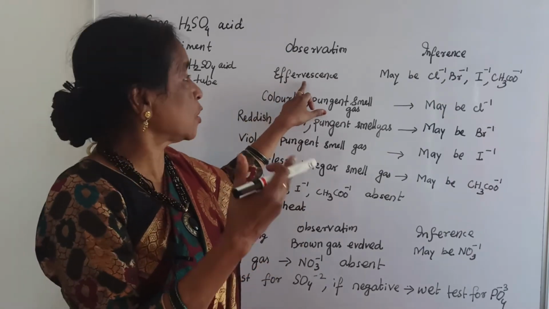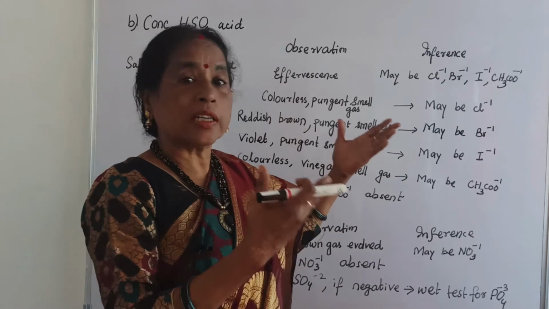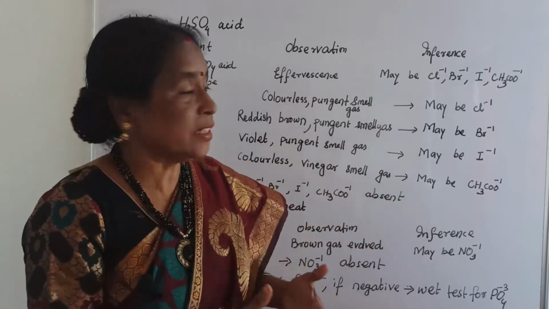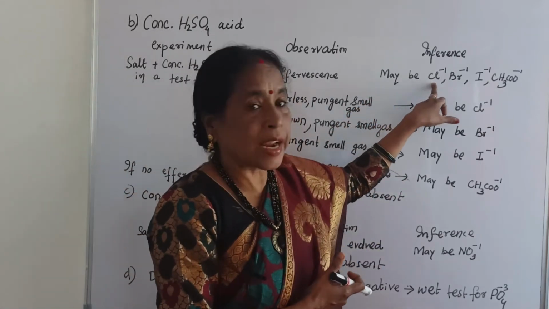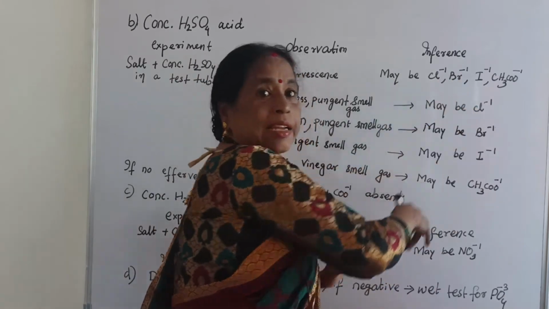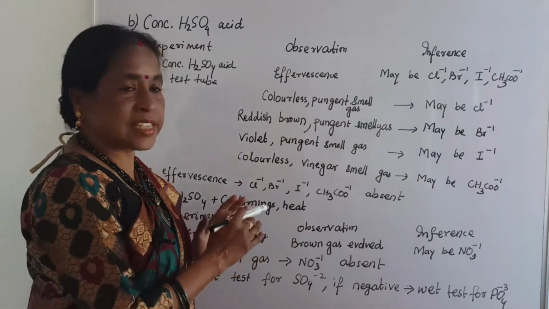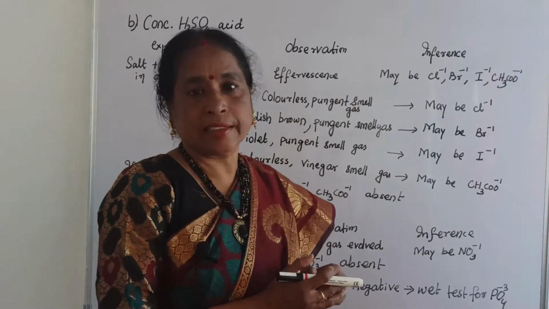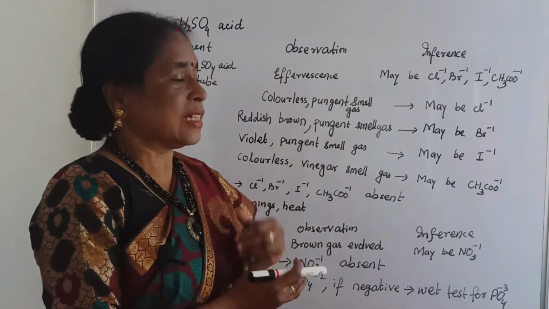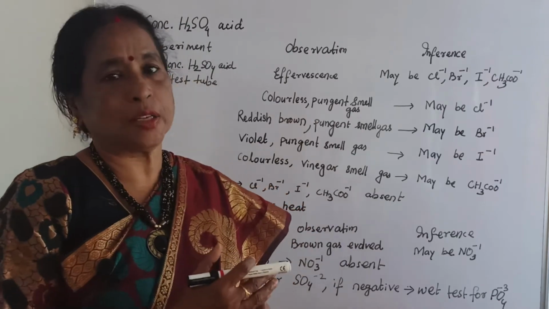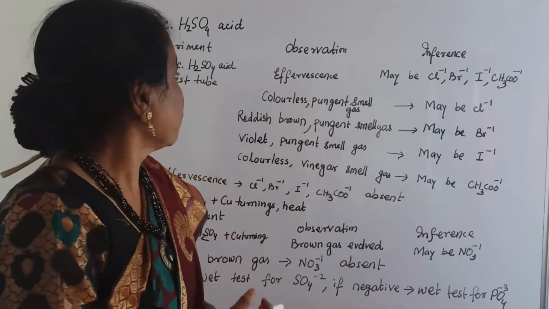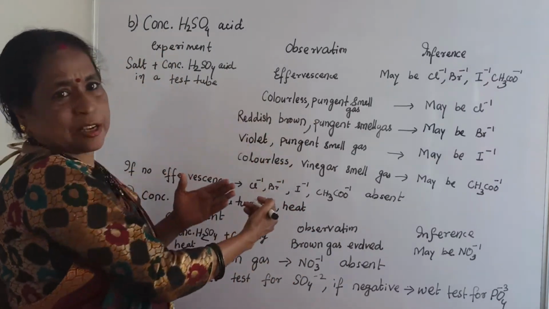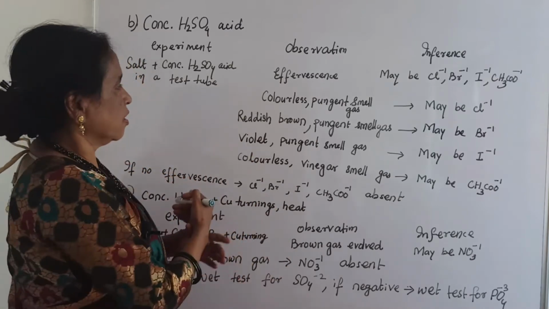If effervescence takes place, then what radicals may be present? Maybe chloride, bromide, iodide and acetate. Chloride Cl minus, bromide Br minus, iodide I minus, and CH3COO minus 1, that is acetate. So again you will check by its color and odor.